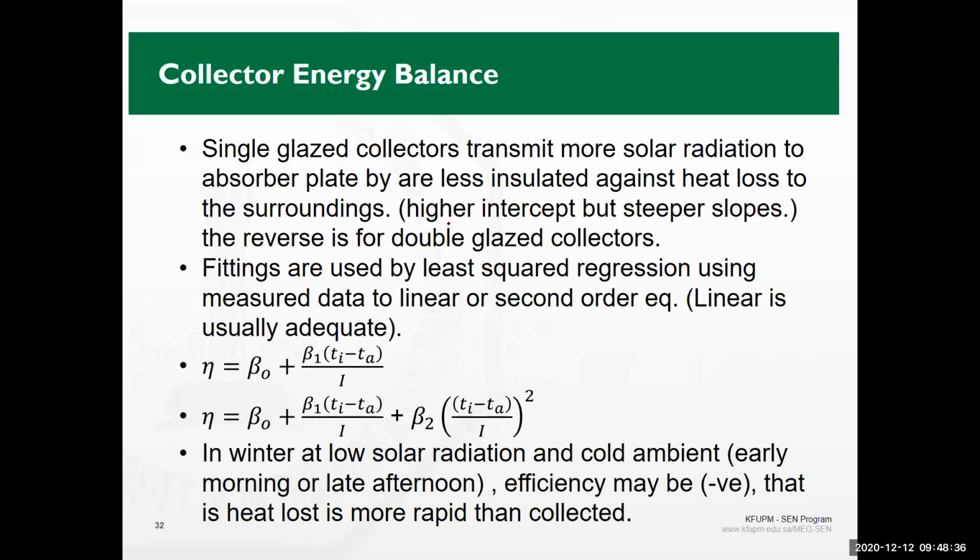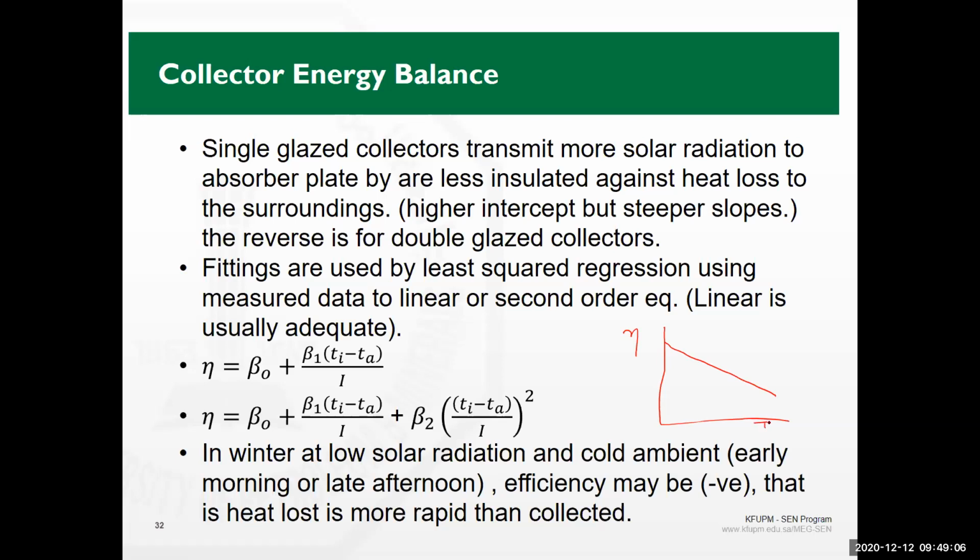The single glazed collector transmits more solar energy to the absorber plate, but they are less insulated against heat losses to the surrounding, so they may have a higher intercept but bigger slope. The reverse is for the double glazed, and that would probably explain the figure I plotted a while ago, where for a flat plate collector you can have an efficiency which looks like this.